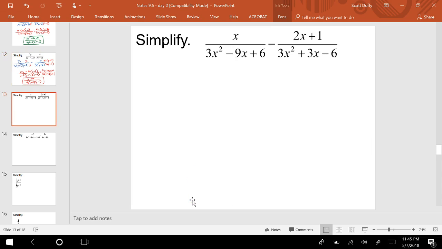Keep going. X on top, factor out a 3, left with x squared minus 3x plus 2. You can factor that though into x minus 2 and x minus 1, so I'm going to do that.